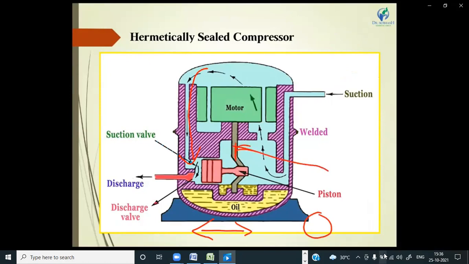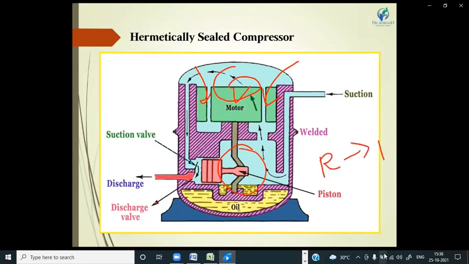The crank and crankshaft get the rotary motion from the electric motor. This is the electric motor, this is the winding core. The motor gives rotational motion, which this portion converts to reciprocating motion.